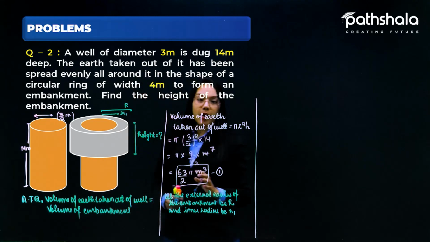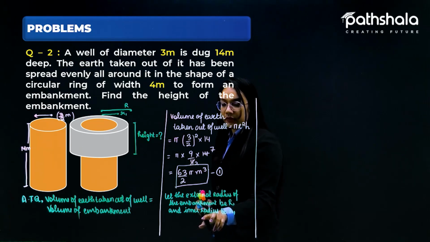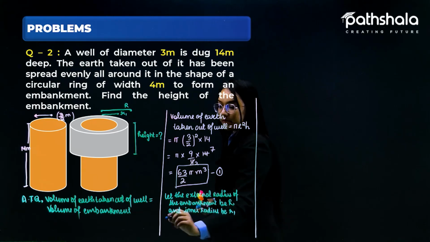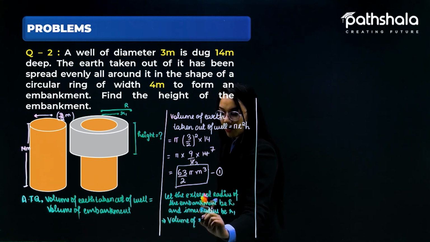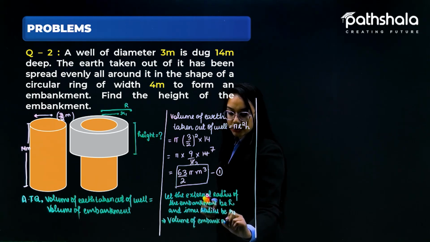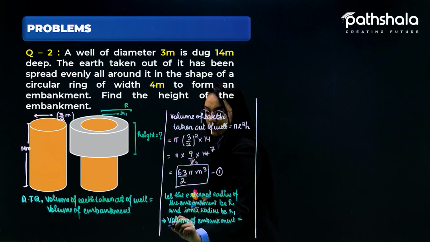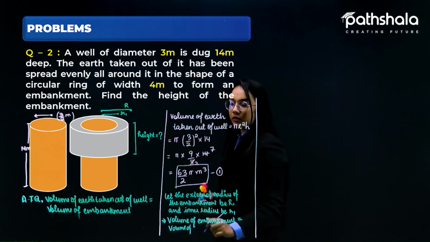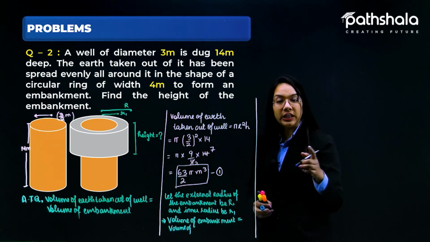So let's talk about the radius for this one. Since we have taken the external radius of the embankment as capital R and the inner radius as R1, it implies that the volume of the embankment is equal to the volume of the outer cylinder minus the volume of the inner cylinder.